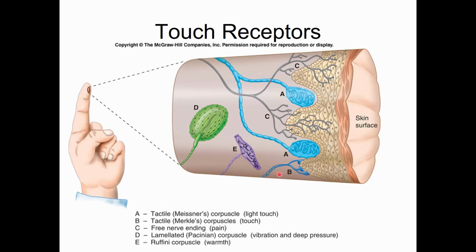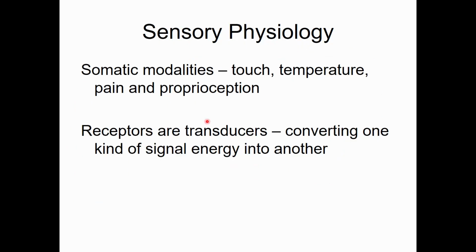We might get some temperature with some of these guys. These are probably a lot for touch. This is a pretty famous receptor called a Pacinian corpuscle for vibration and deep touch, and we'll talk a little more about that one. So I don't expect you to memorize the names of all the receptors. Just realize that different receptors allow for different modalities, and we'll talk a bit more about that.